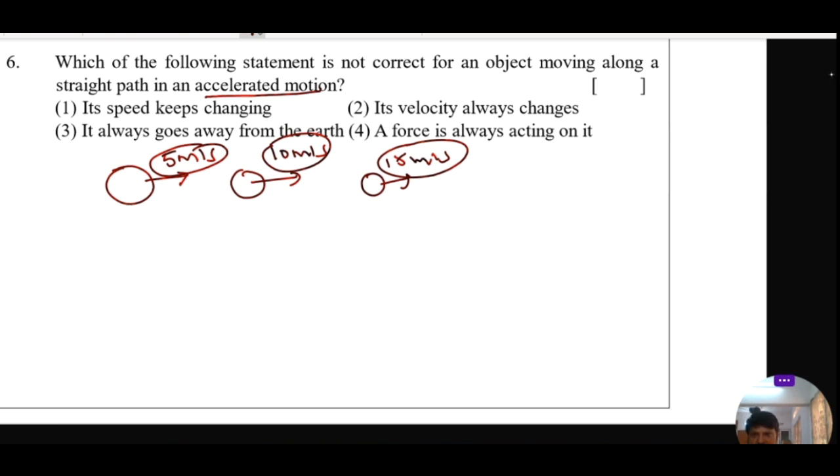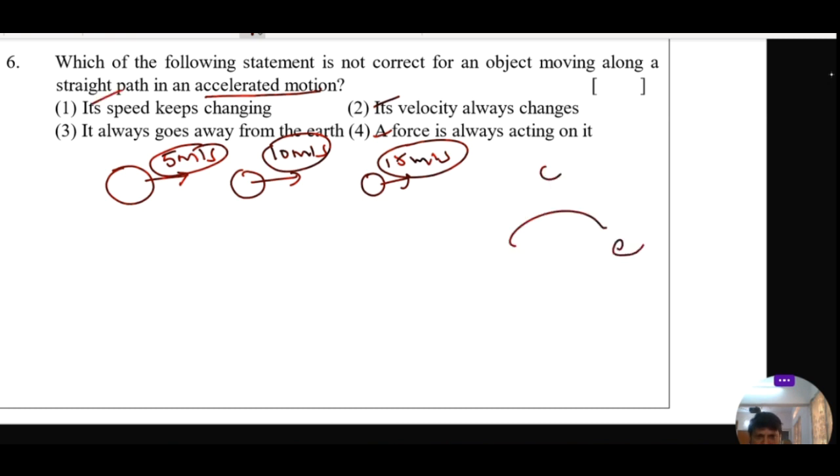Velocity always changes, right answer. It always goes away from the earth, and a force is always acting on it. Not correct means here, well, speed is changing means force is acting, velocity changing, speed keeps changing. It always goes away from the earth?